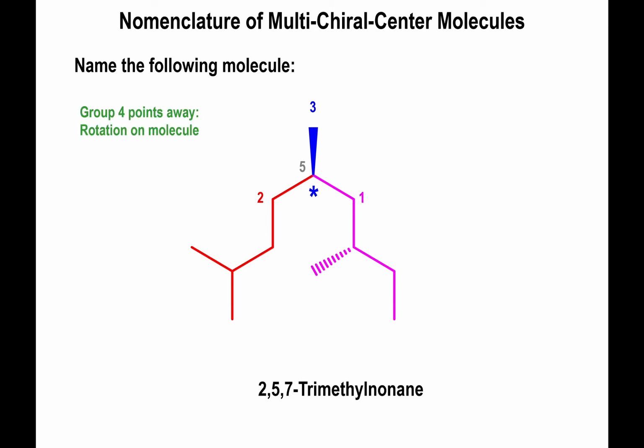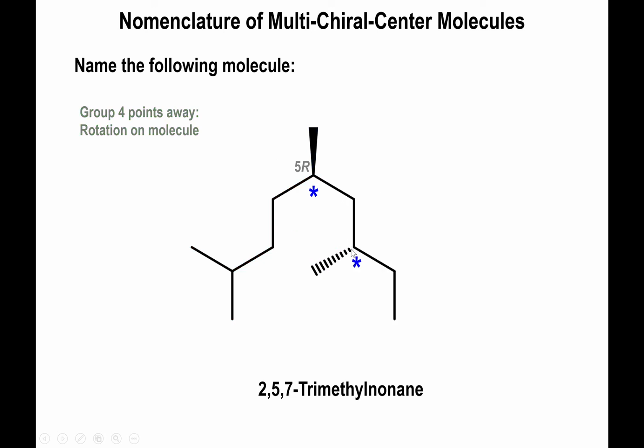So we simply say the lowest group is pointing away from us, so whatever happens to the rotation here is indeed the configuration of the molecule. We go from priority 1 to priority 2 to priority 3, and this shows that the rotation is clockwise. So this is an R configuration at this particular spot. And since this is position 5, this is the 5R configuration.